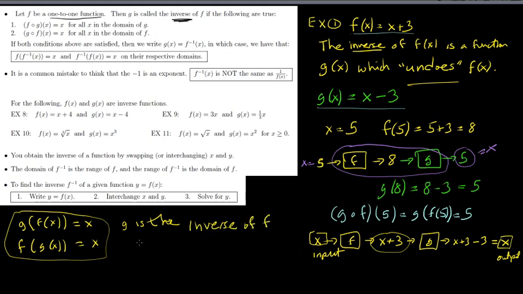Right. What we're going to do then is, instead of writing it as g, we're going to write it as f with this little -1 of x. Now be careful. Yes, this is a -1, and it looks like an exponent, right?